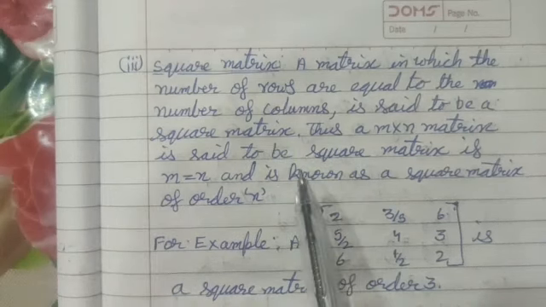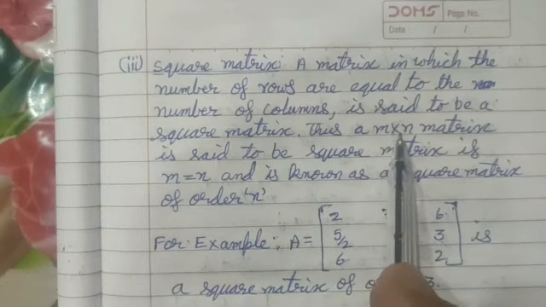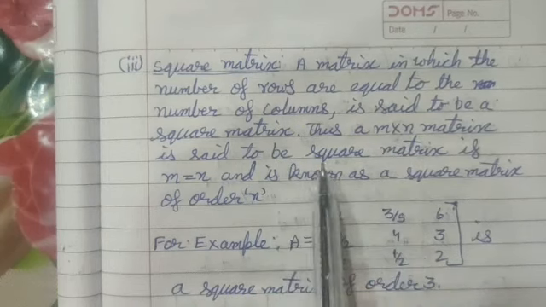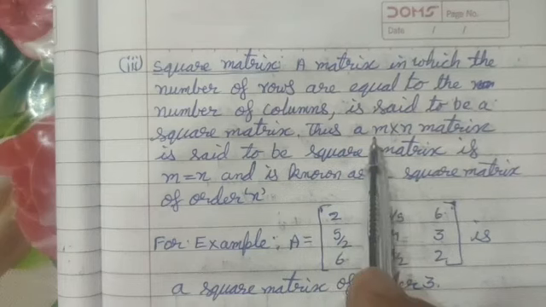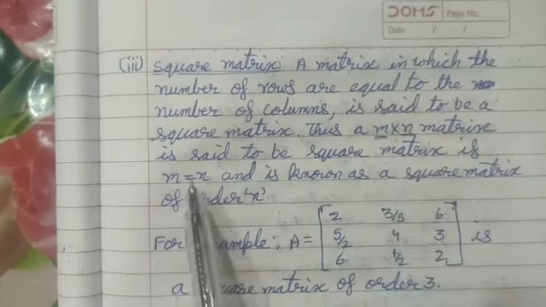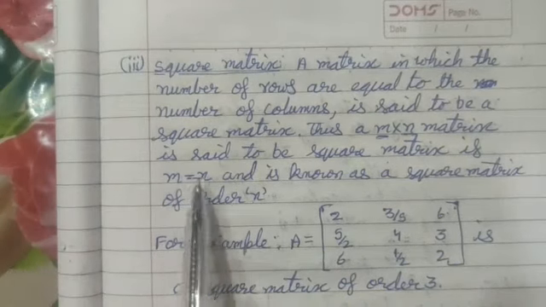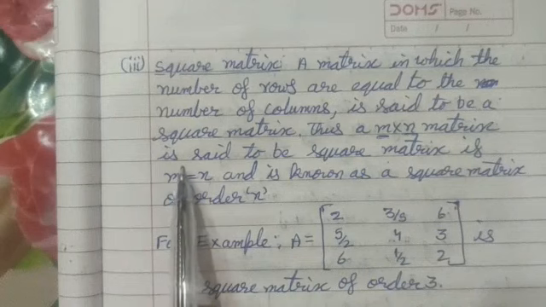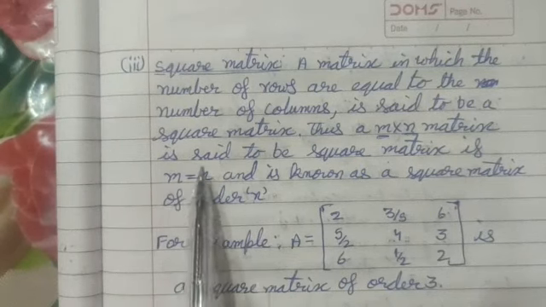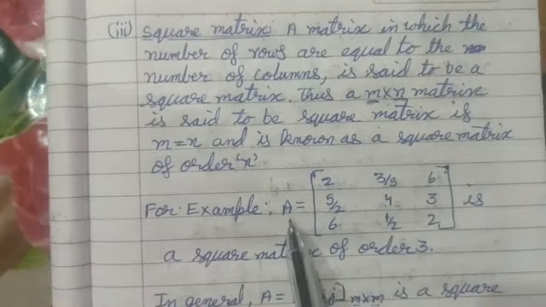In another language, we can say a matrix of order m by n is said to be a square matrix if its number of rows, that is m, and number of columns, that is n, are equal. That is, m is equal to n. And this is named as the square matrix of order m, or you can say the square matrix of order n.